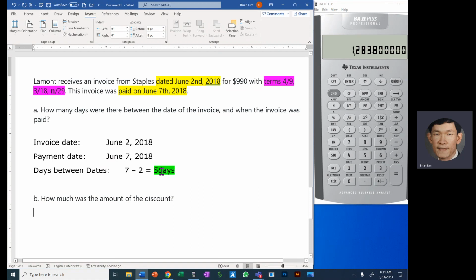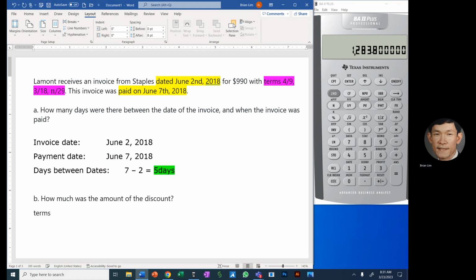So if it's 5 days, now we have terms, right? What are these terms? Well, they're right here. We can copy them or we could just do our own way of doing it. The 4%, and that would be 9 days, right? Next one would be 3%, 18 days.